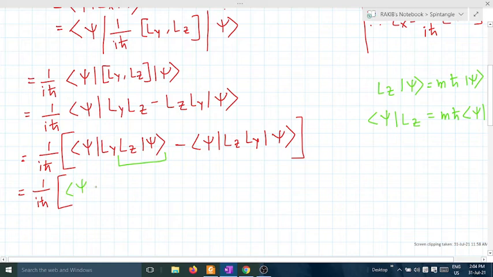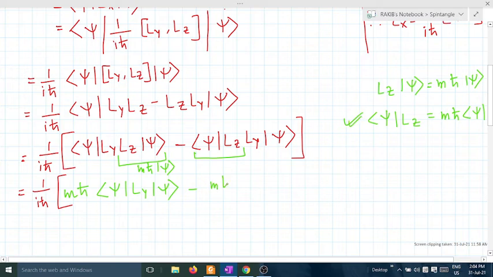Then we can write psi Ly, and there will be m h cut psi. We can take the m h cut out of the bracket: m h cut psi Ly psi minus, and we can do the same thing here with the bra formulation, m h cut psi Ly psi.